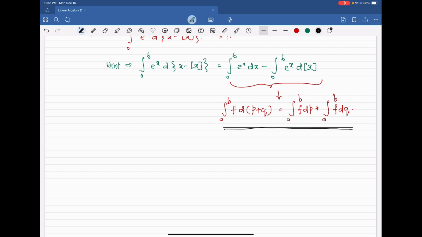You see, in this question, the properties are involved, the definition of the ceiling function or the smallest integer function is involved, and also the regular integral is involved.